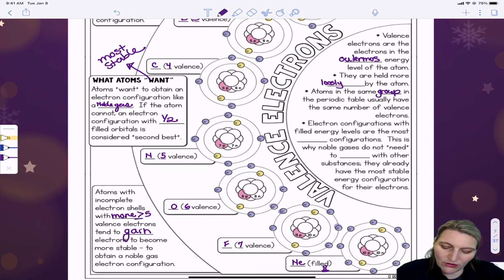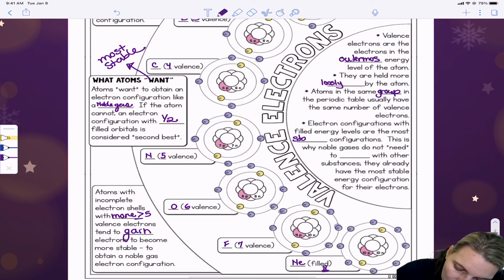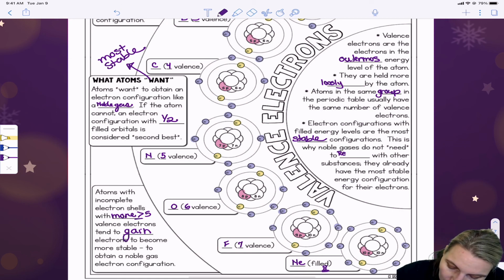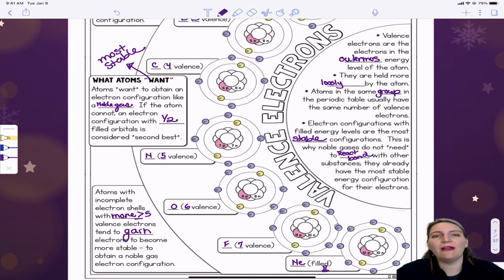And again, electron configurations with filled energy levels are the most stable electron configurations. This is why noble gases don't need to react or bond. Noble gases don't react or bond with any other substances in nature. We can make them do it in a lab, but that's because they already have that filled outermost energy level. They're already really stable.